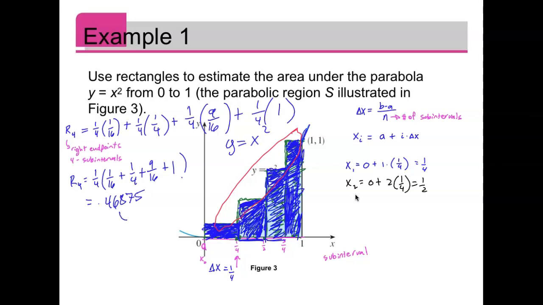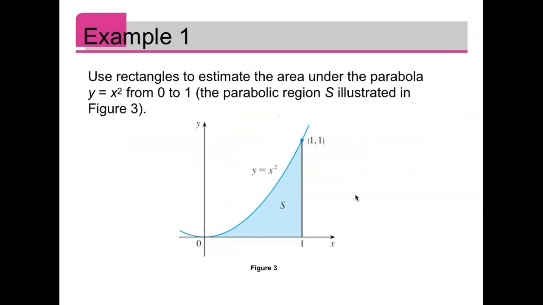And we all agree that that would be an overestimate. Great. Well, that's a starting point. How could I make it better? That's an estimate. How could I get a better estimate? So R4 is, what was it? 0.46875.